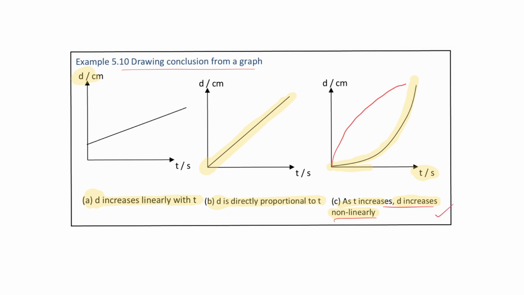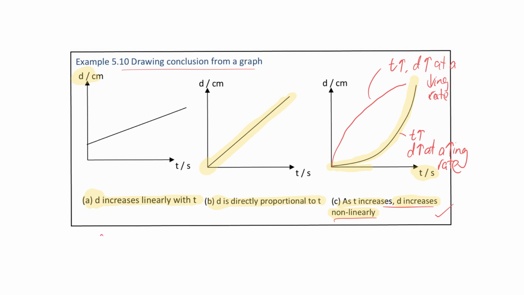But of course, if you want to be more precise, you can say that for this one, as T increases, D increases at an increasing rate. And likewise for this, as T increases by equal amounts, D is still increasing, but at a decreasing rate. If you want to be more specific, you can do that.